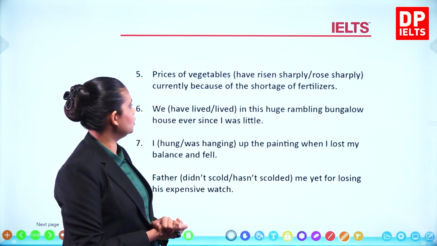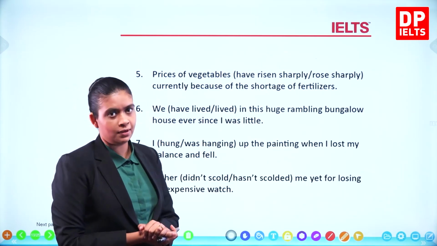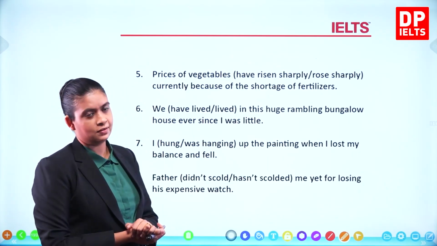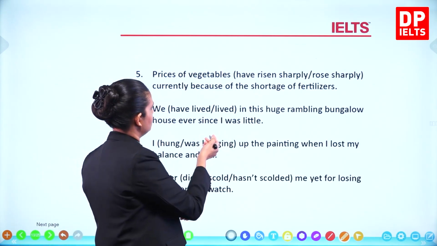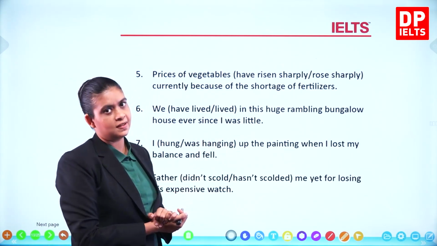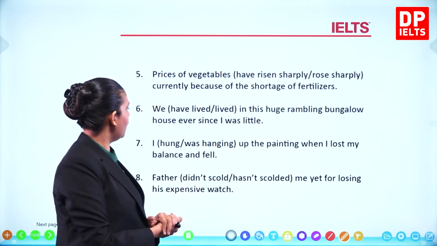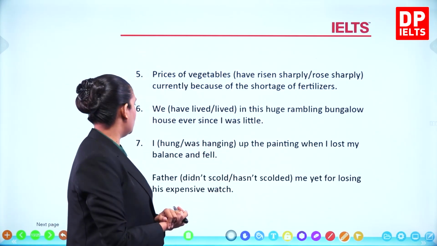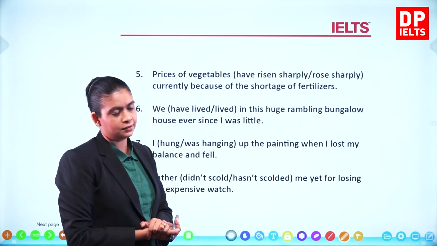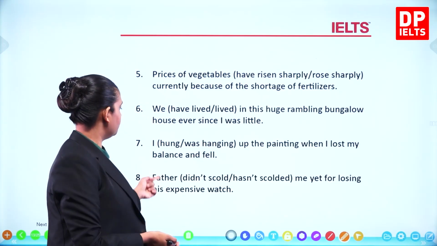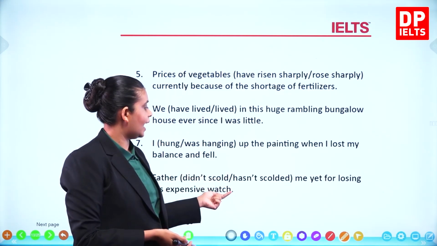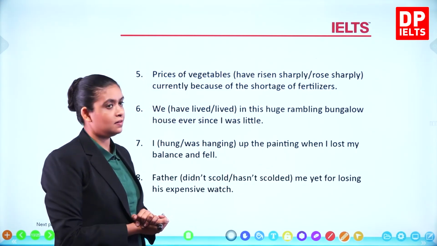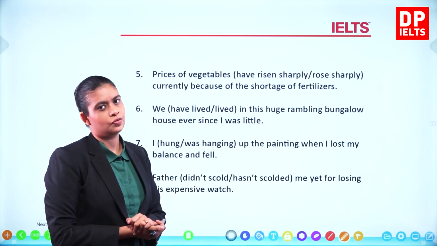We have lived or lived in this huge rambling bungalow house ever since I was little. So think about since and how would the sentence work. I was hanging up the painting when I lost my balance and fell. Father didn't scold, hasn't scolded me yet for losing his expensive watch.